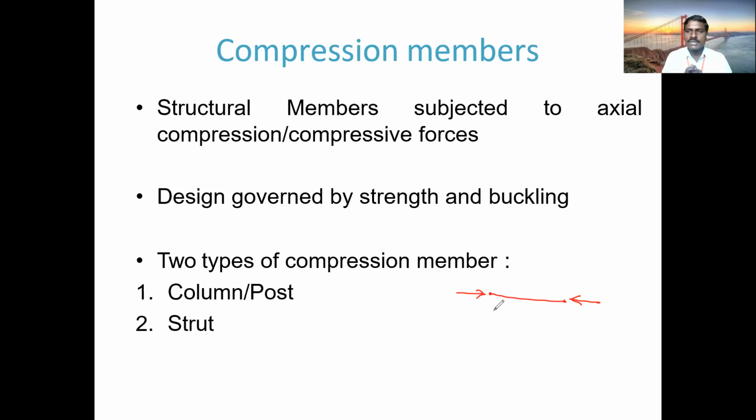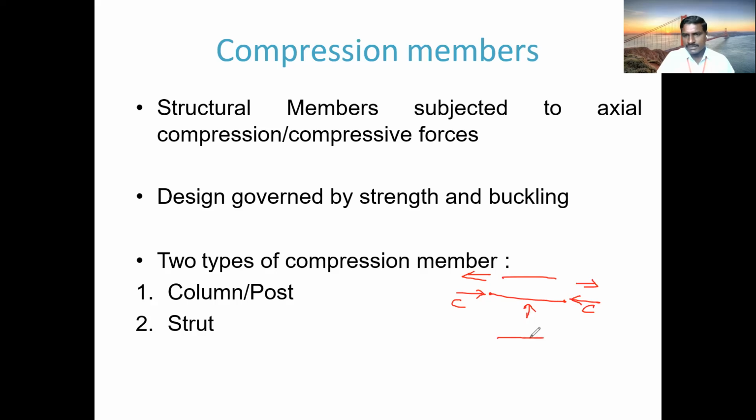Now if we come to the compression member, this is the member. If we apply the compressive force, this is the compression nature, correct? Whatever nature I have shown, this is the compression, correct? Yes, sir. And tension is the opposite, exactly. So if we apply the compressive force on this member, what will happen?